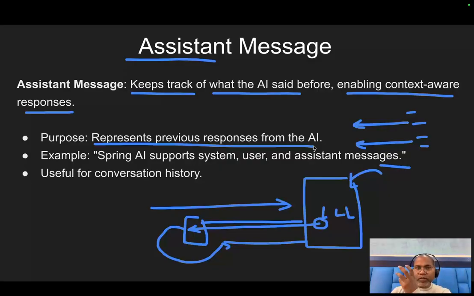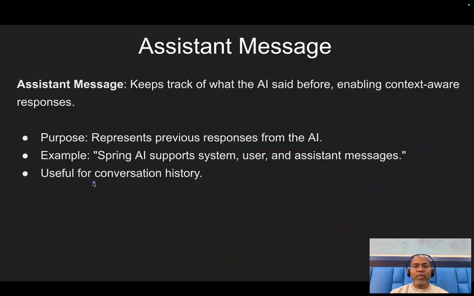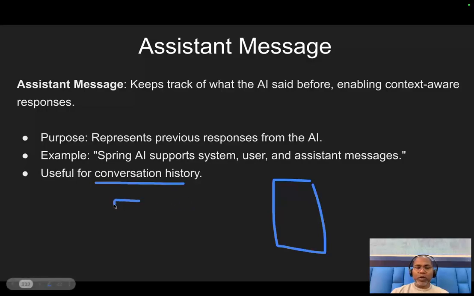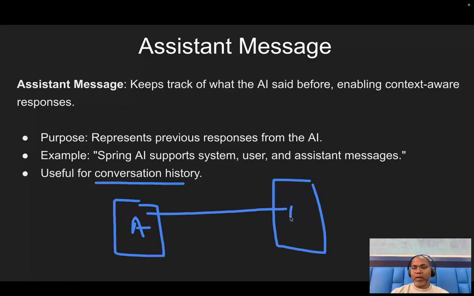So we have to send the assistant messages back, to maintain the conversation history across multiple communications from the application to the GenAI model. This is very useful when you want to maintain the conversation history.